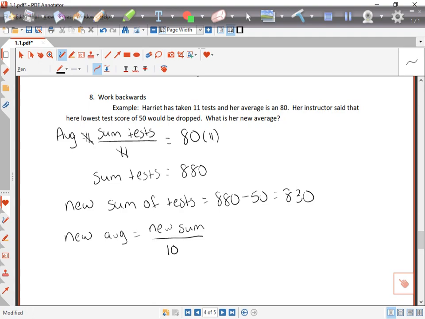The reason we're dividing by 10 is we had 11 tests, we dropped one, so now we only have 10. So 830 divided by 10 gives me an 83. Does this make sense? Yes. If you drop a lower grade, your grade should increase.